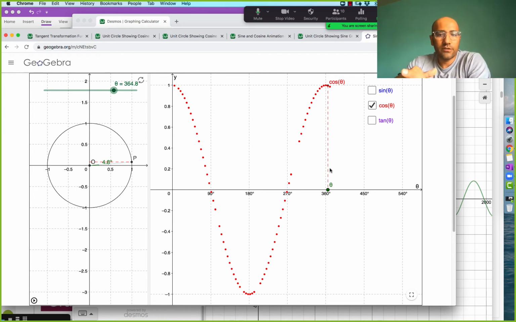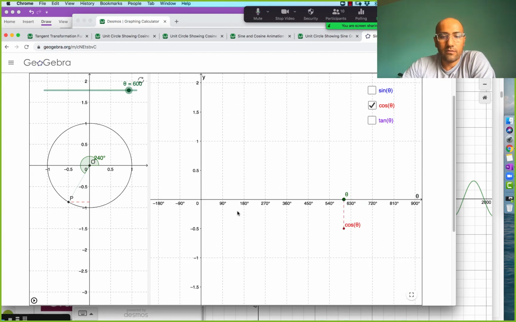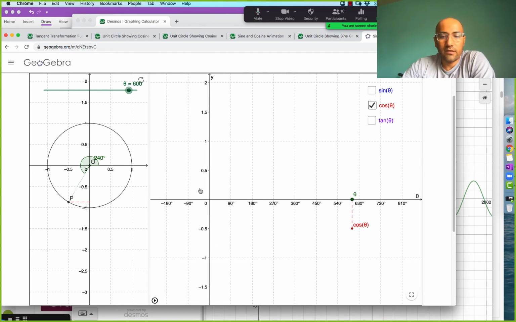Questions? And then from that point on, just like the sine function, it begins to repeat itself. We get all the same outputs of the cosine function, so the graph is periodic.